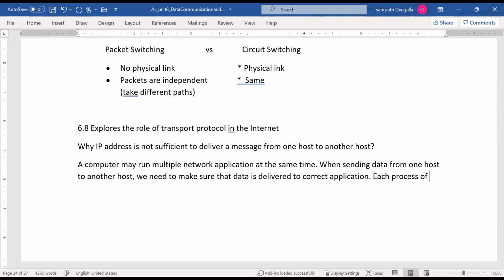So each process of a running application communicates to the network through port numbers.